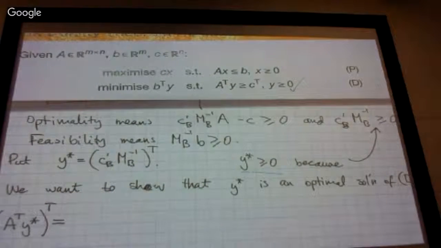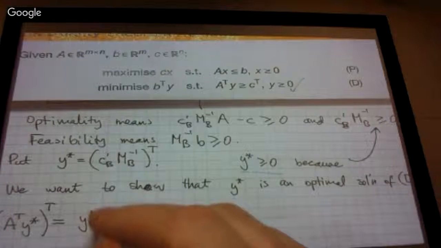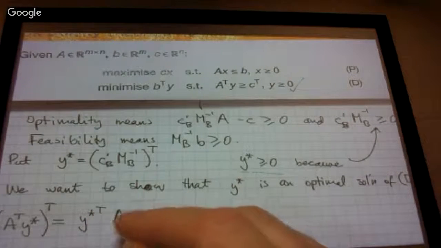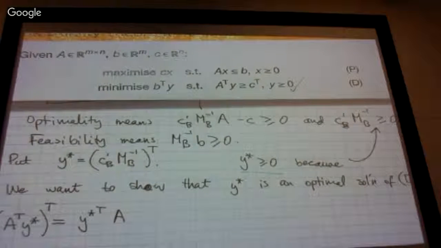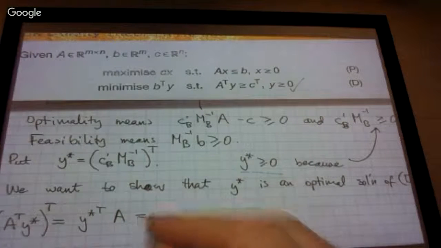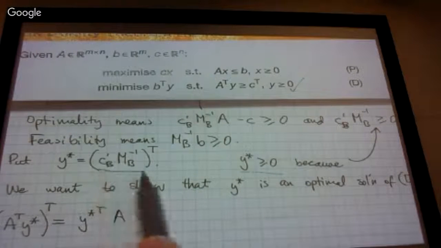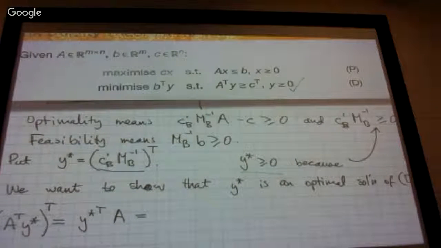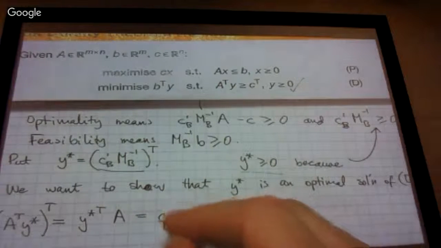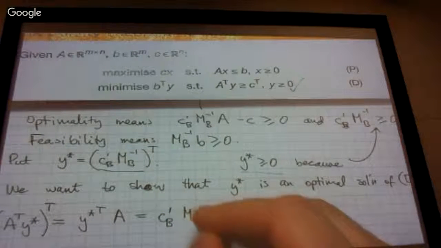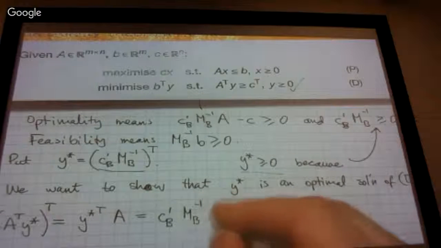If I do a transposition on this, that's going to give us something easier. So this is y star transposed times A. Now y star transposed is that over here because we know what y star is. So this is CB transposed B inverse A.